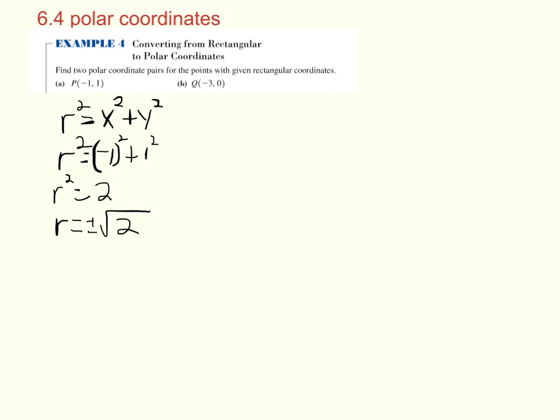Knowing that we've got r equaling plus or minus the square root of 2 is a great start. We have our directed distance. We need to come up with the directed angle. And to do that, another piece of information on that page was that the tangent of our angle equaled y over x. Now again, not new information.